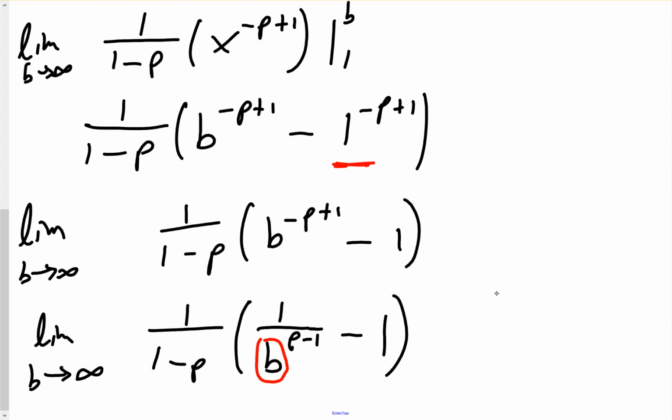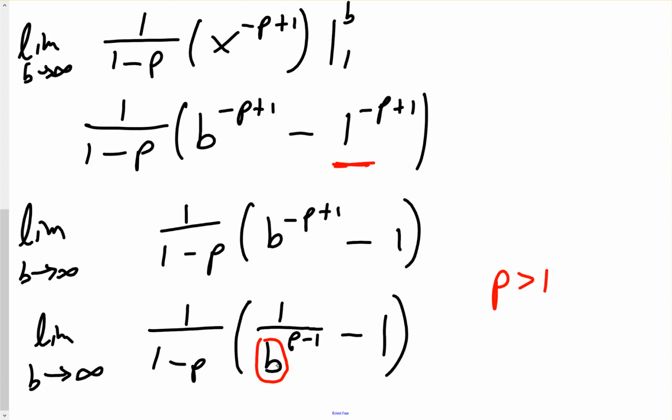So think about this. If p is greater than 1, that means we would have the infinity here, and you would have greater than 1, so let's say 2, right, 3, you have 1 over infinity to the first, or infinity to the second.